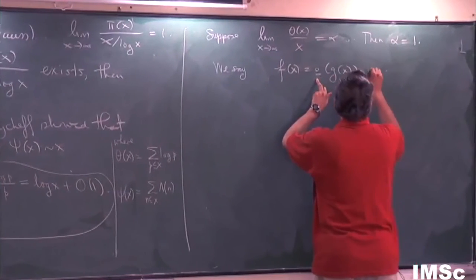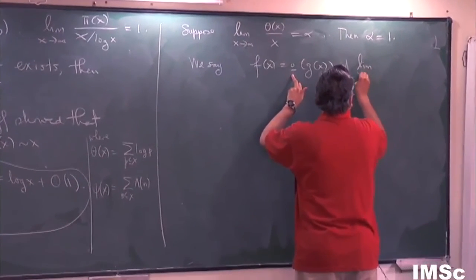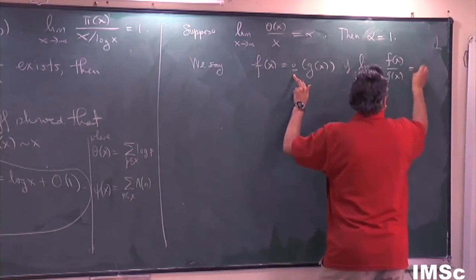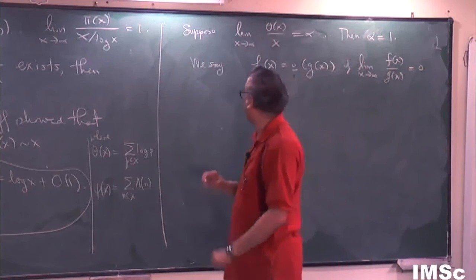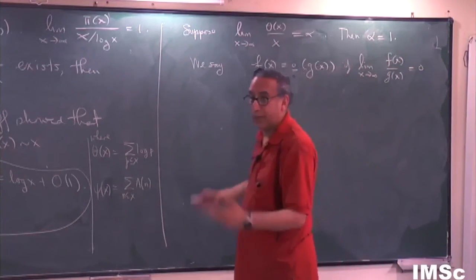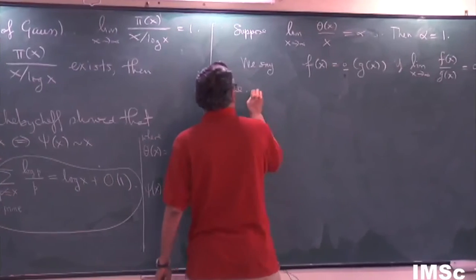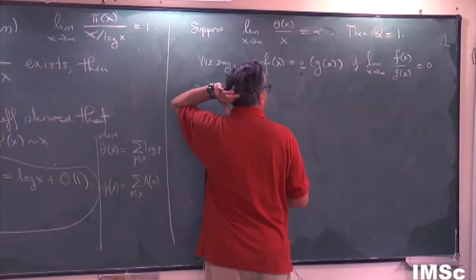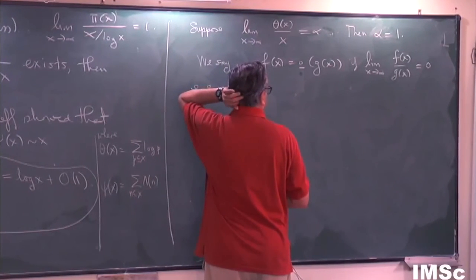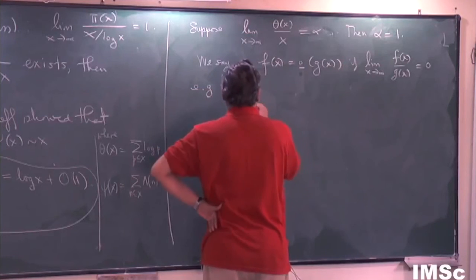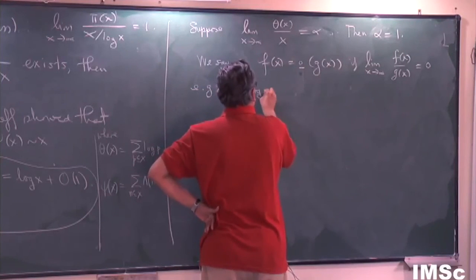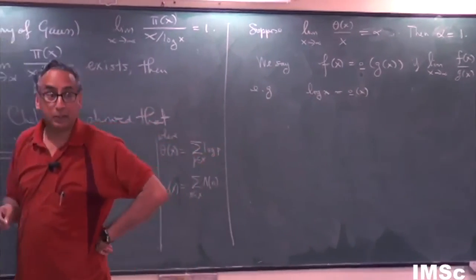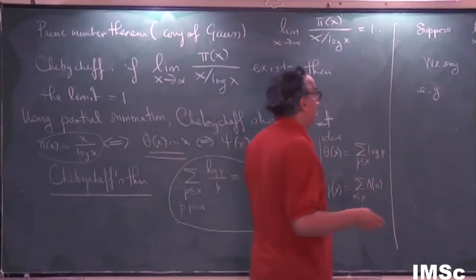We say this if the limit as x goes to infinity of f of x over g of x is 0. For example, we have log x is equal to little o of x, because log x over x goes to 0 as x goes to infinity, etc.